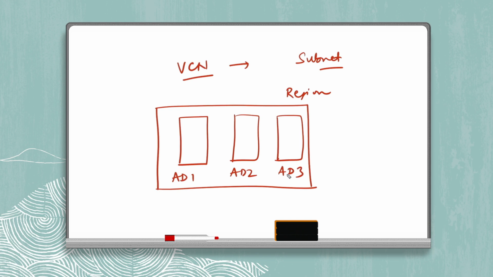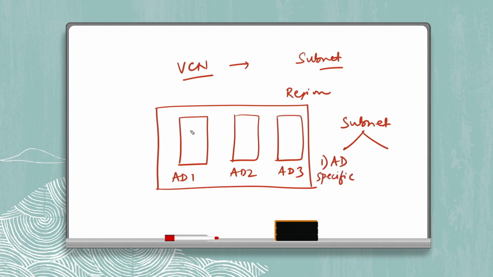We looked at the fact that a VCN can span multiple availability domains. A VCN always resides in a region. But what about the subnet? The subnet is also of two types. The first one is the AD specific subnet.